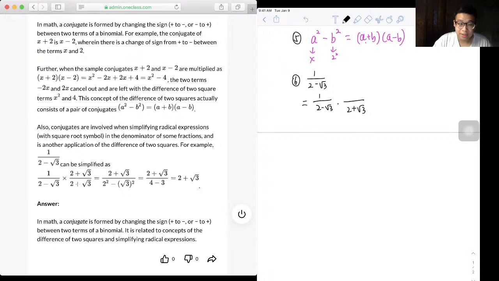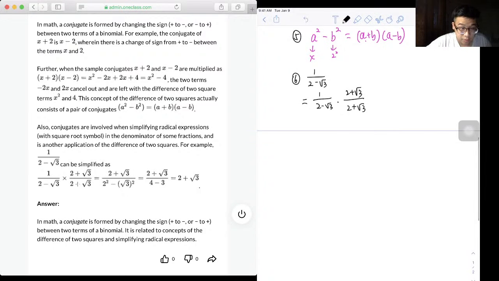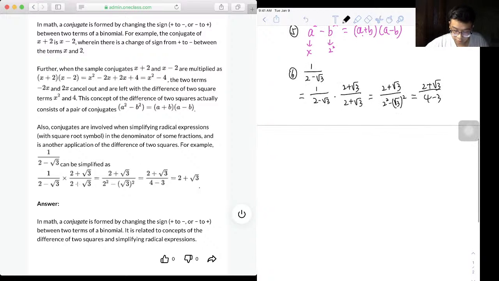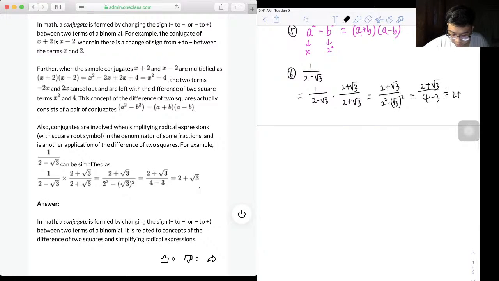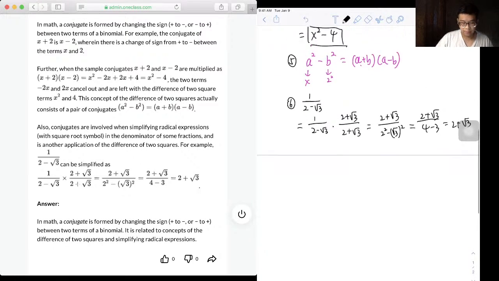But since we need to maintain the same fraction, we need to do the same thing for the numerator. This will give us 2 plus root 3 over 2 squared minus root 3 squared, which is 2 plus root 3 over 4 minus 3, and which gives us 2 plus root 3 as our final answer.